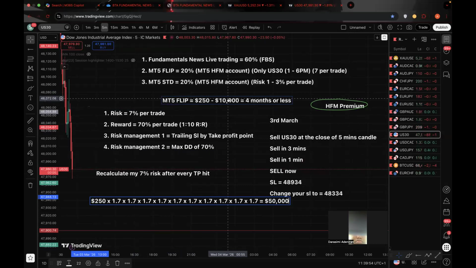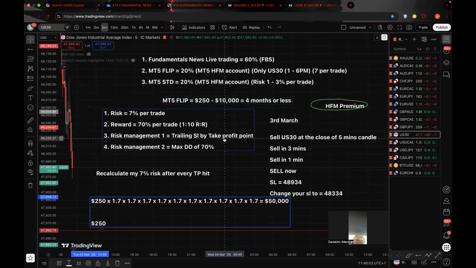All I need to hit my target, from $250 to $10,000, is just 7 TP5s. You understand? That's all I need to have.